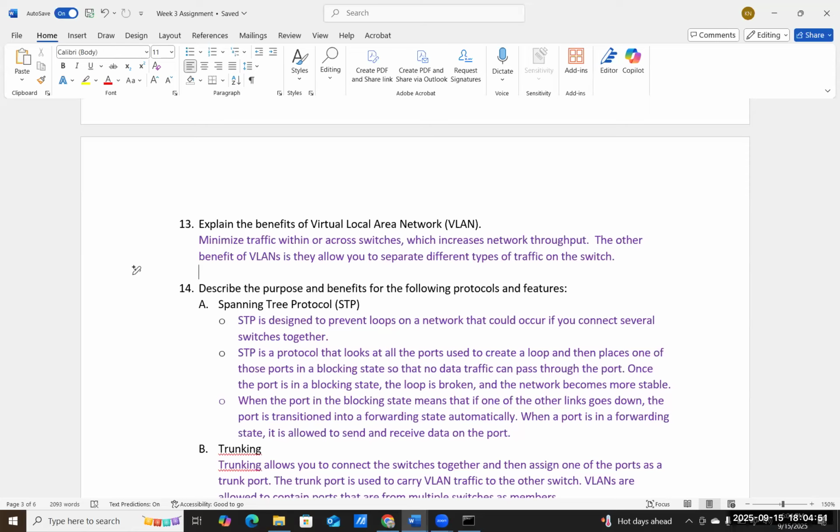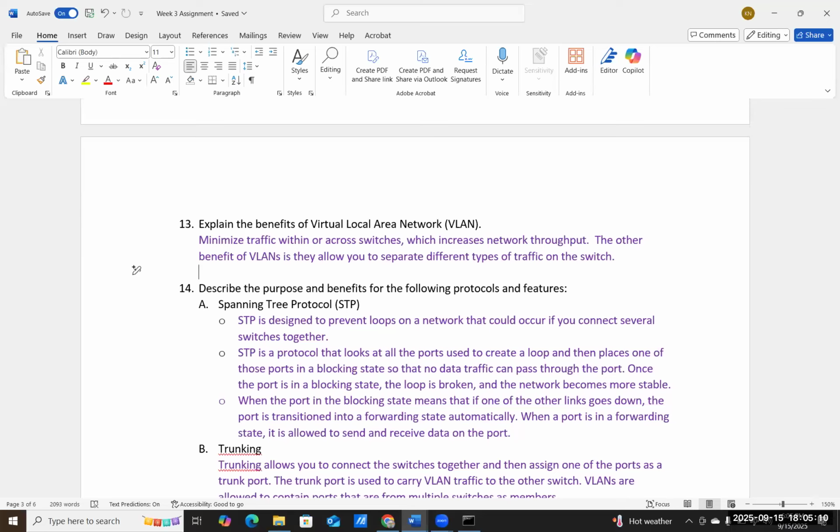STP is really designed to examine the communication ports for the actual loop. It's going to look at the blocking state, whether it's able to pass through or it's coming back to itself.